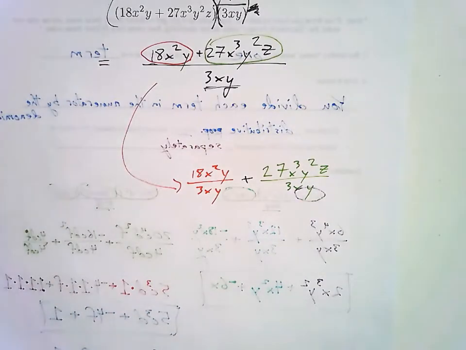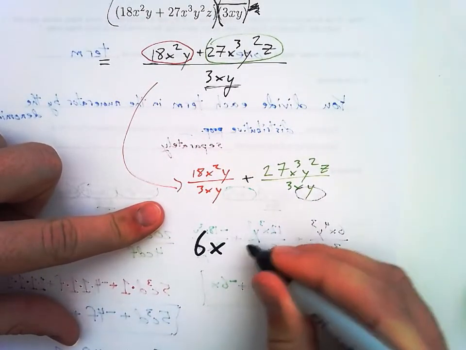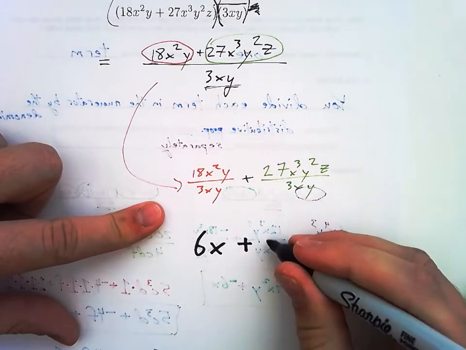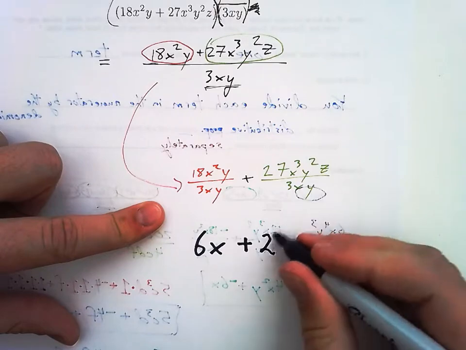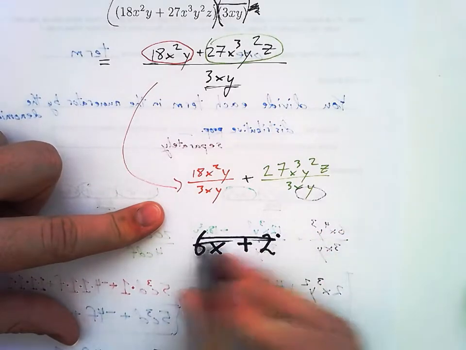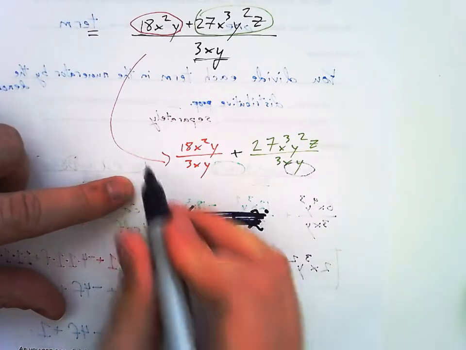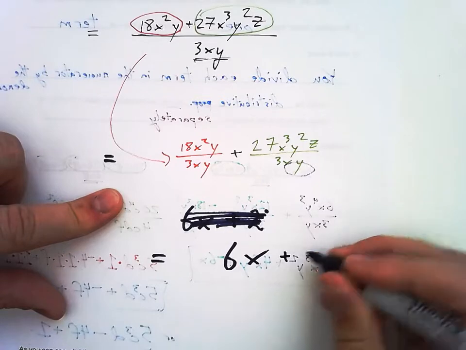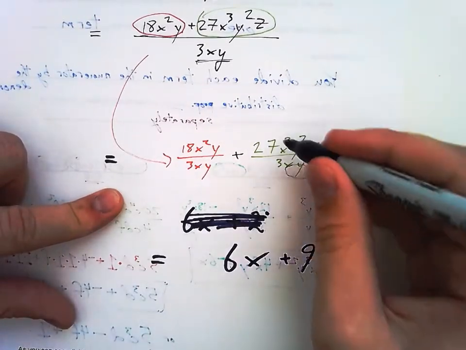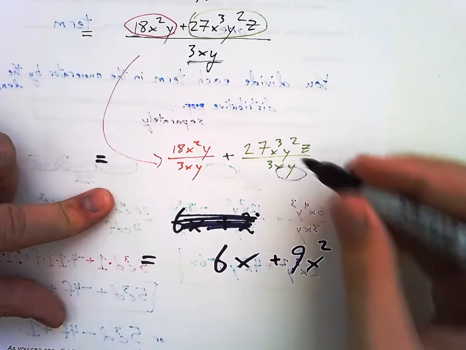And just go to the answer here. That will be 6x plus, my apologies, 6x plus 9, 27 divided by 3, x squared, which is the x cubed divided by x.